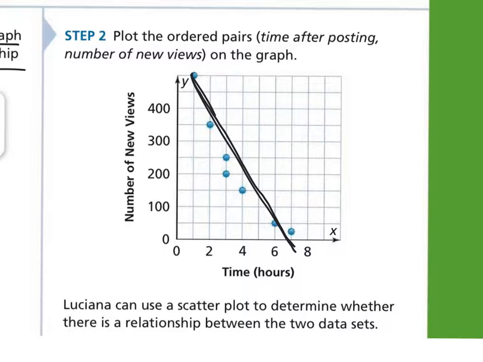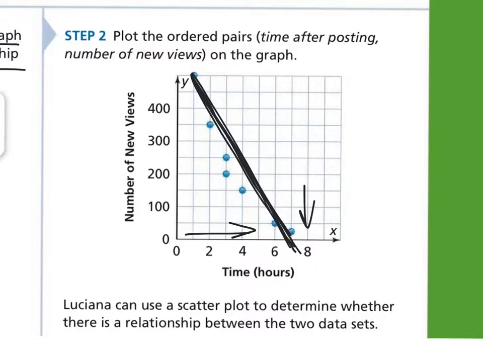And then we'll be talking about this more in the next example, but basically what's going to happen here is, if you'll notice, the longer the time, the less new views there were, right? The further we went over this way, the less views we had. So if you notice on this line, if we draw a line to approximate that, what kind of slope does that line have?